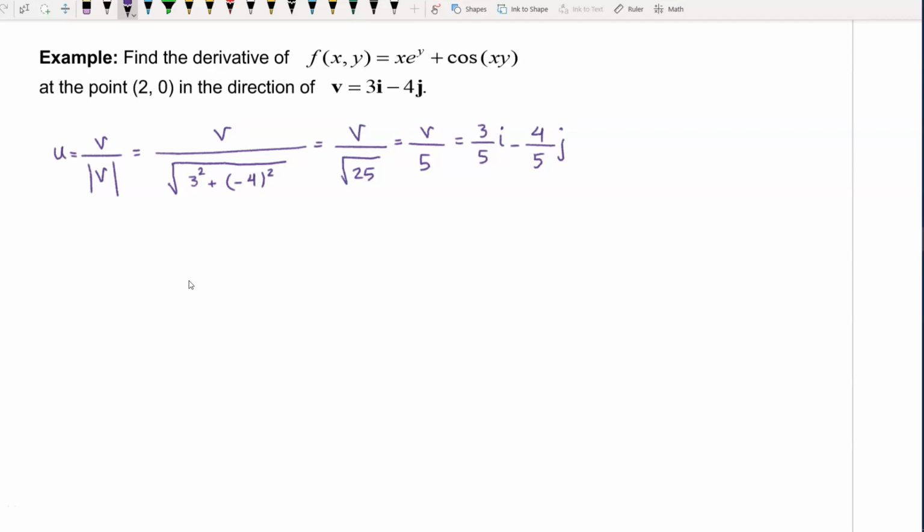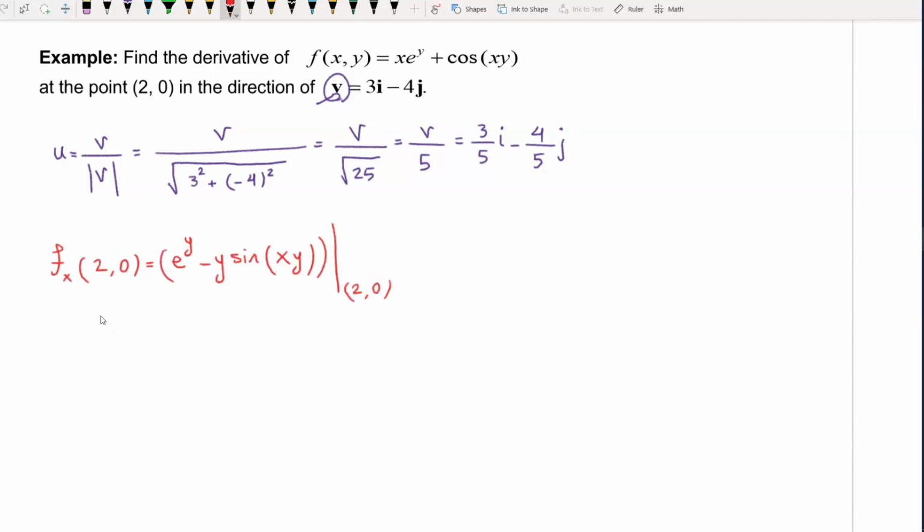So here we have u equal to v over the length of v, that is v over square root of 3 squared plus negative 4 squared, which is v over square root of 25, and this is v over 5. So we use what we have for v and divide by 5. So this is equal to 3 over 5 i minus 4 over 5 j.